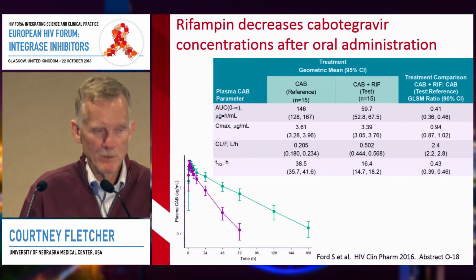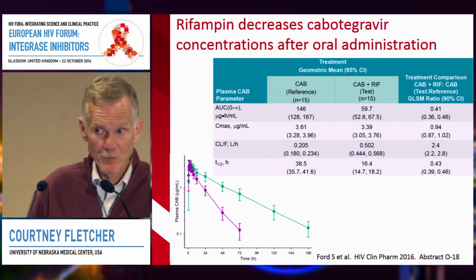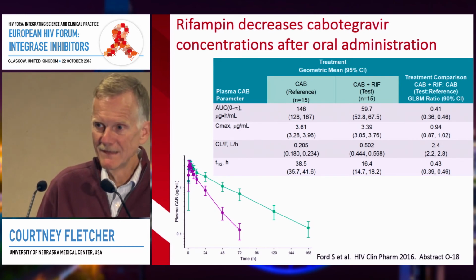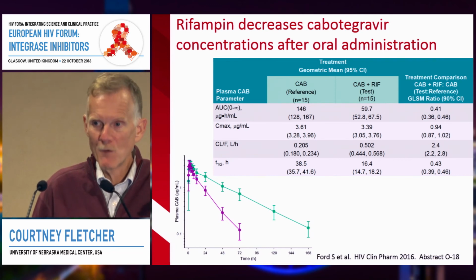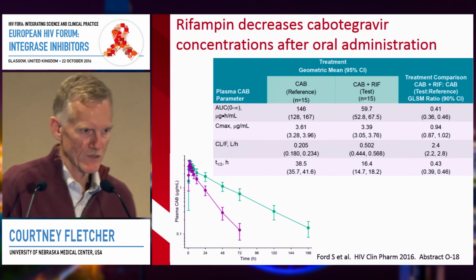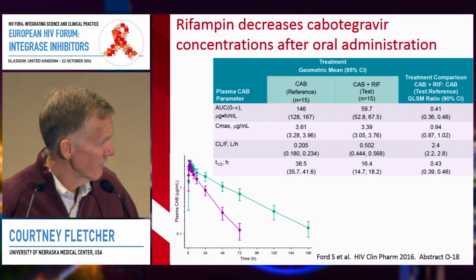So rifampin with oral cabotegravir would be contraindicated. Rifampin with long-acting cabotegravir is going to be contraindicated as well. There's no reason to think that you won't have the same type of potent reduction in concentrations if you give the long-acting form with rifampin.